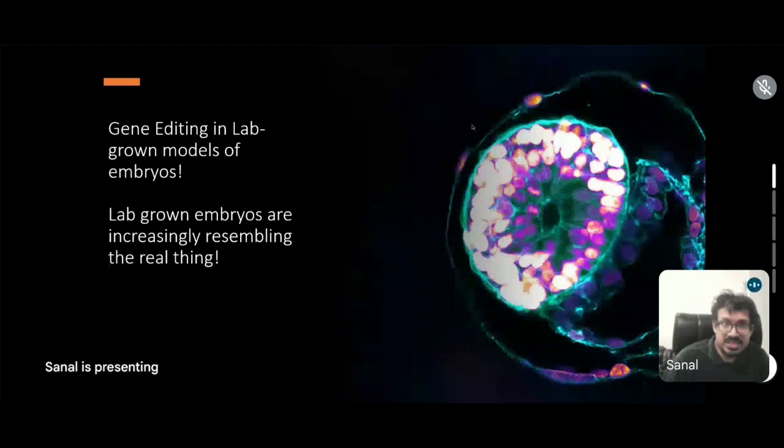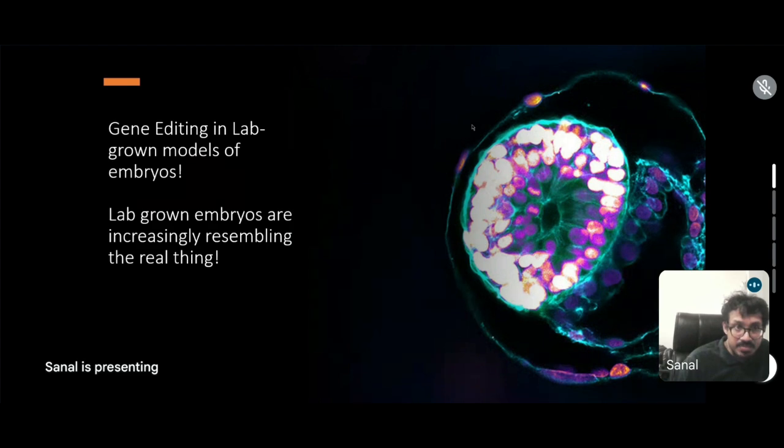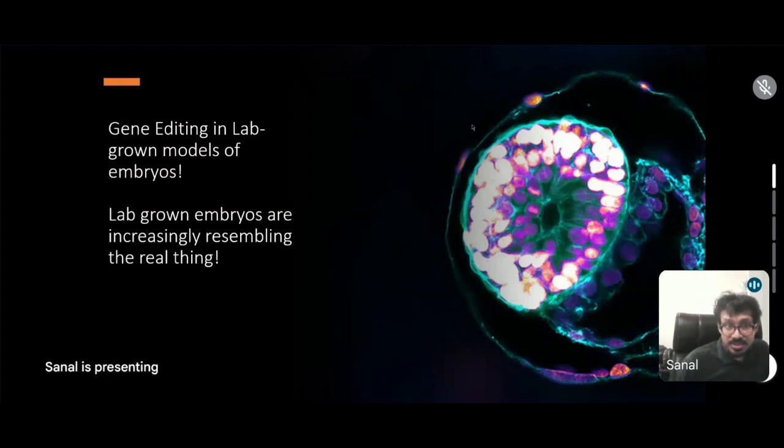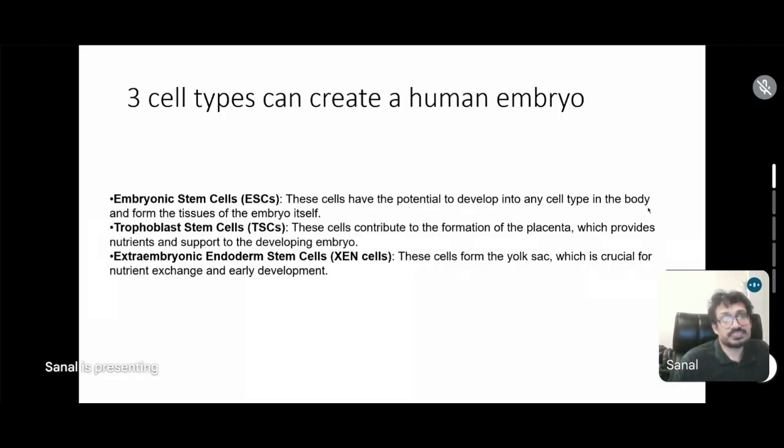We can use gene editing in lab-grown embryos. And quite interestingly, lab-grown embryos increasingly resemble the real thing. As you can see, can you believe that the picture shown here is completely made in the lab? It's a developing human embryo.